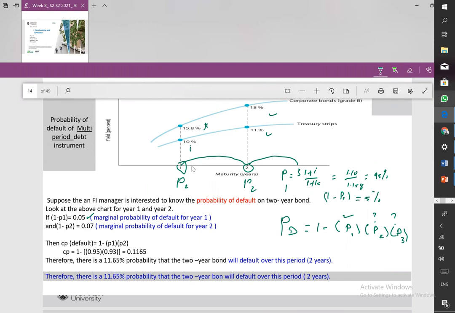Assuming now the probability for year 2 is 7%, then the cumulative default is 1 minus B1 times B2. If I use these numbers, I can get the probability of defaulting over 2 years of 11.65%, and then I can actually price or check my return. So this is how we do it over 2 years.